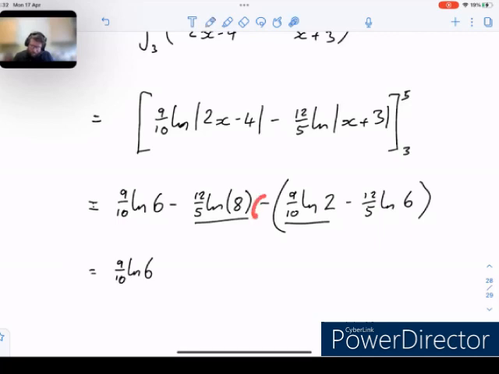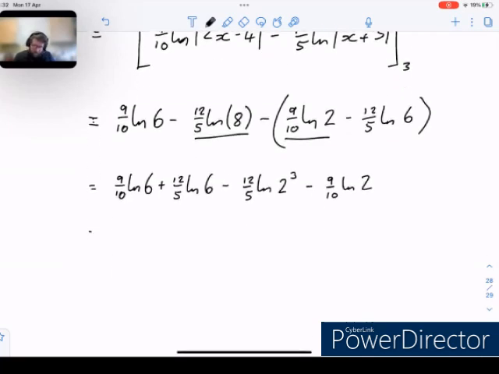We've got a minus minus there, so this is plus 12/5 log 6, minus 12/5 log 8, and 8 is 2 cubed, minus 9/10 log 2.